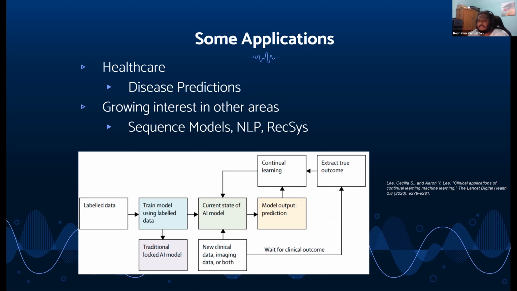So this diagram here is from a paper that discussed the clinical applications of continual learning. And they described some of the different ways the continual updates of models could be integrated with existing healthcare procedures. So this chart is about the cases where clinical results are going to happen regardless. So you could consider a case where a regular diagnosis would take 3 months, but through using some ML model, as soon as the input is available, you get an earlier diagnosis in less than 3 months.